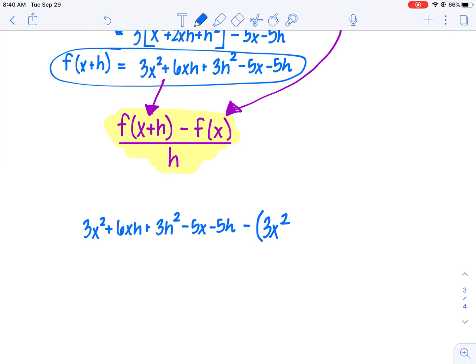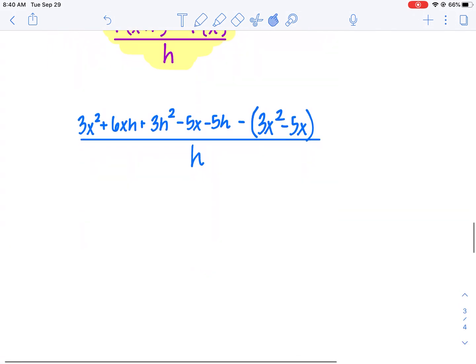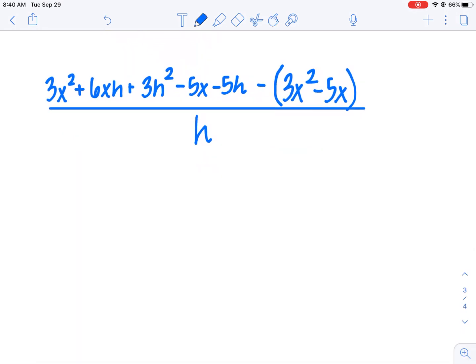It's 3x squared minus 5x. That all goes over h. I'm just substituting each portion in. Now it's algebra, my loves. Let's take our time. Let's make sure we distribute properly.